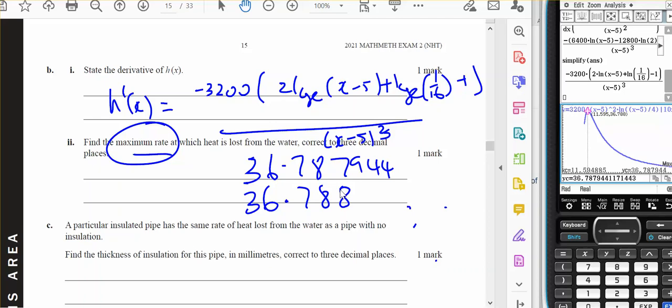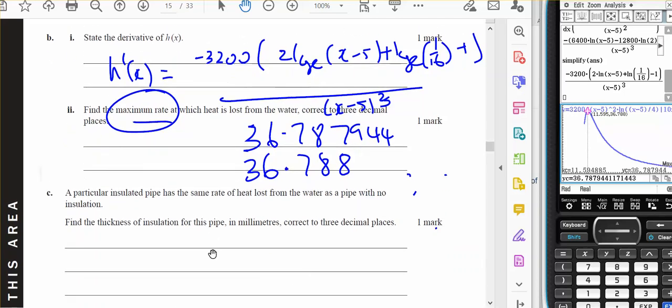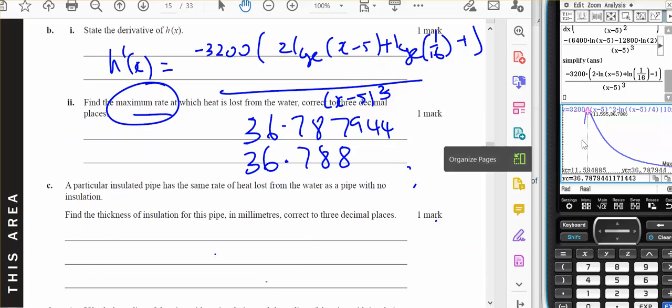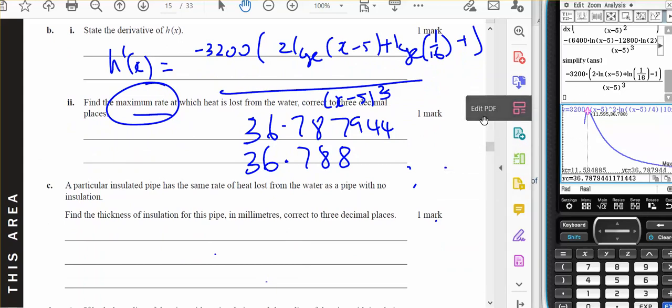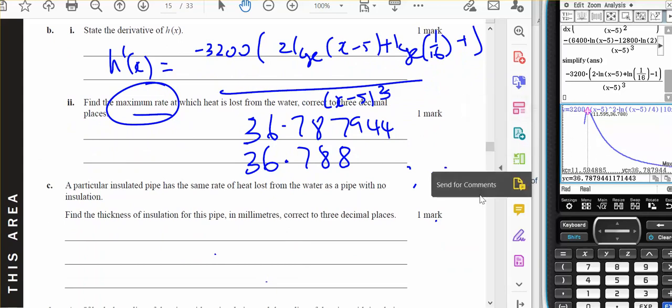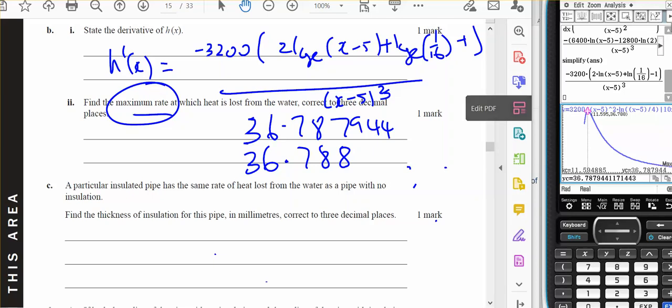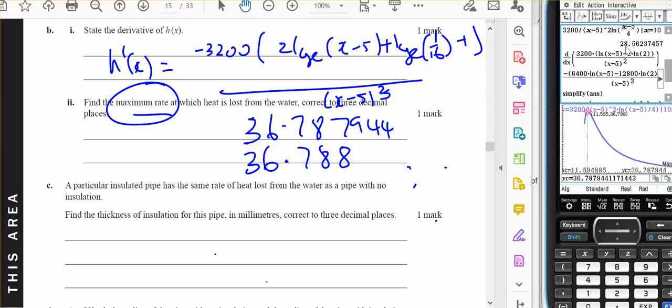A particular insulated pipe has the same rate of loss as the water with no insulation. Find the thickness of the pipe. Okay, so I knew that for none, the answer was this value.